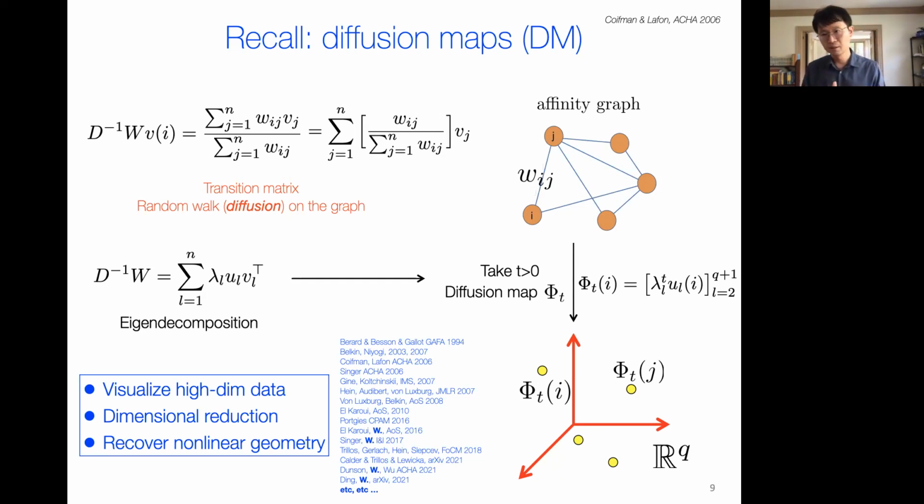The original version of this kind of kernel approach was proposed back in 2000, for example locally linear embedding or ISOMAP, and then in 2003 Belkin and Niyogi proposed the eigenmap, and then in 2006 there was the diffusion map, and then several different algorithms bloomed. They are mostly used to visualize high-dimensional data, for dimension reduction, and even to recover nonlinear geometry.